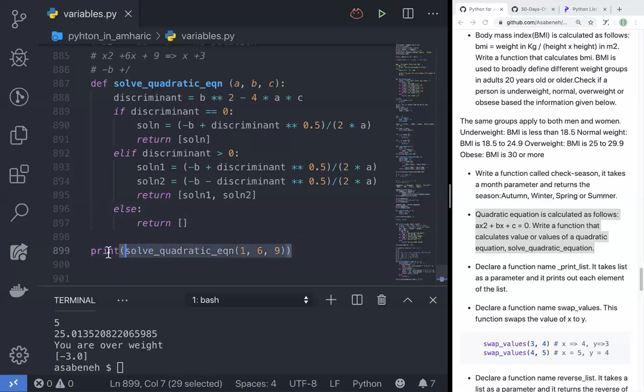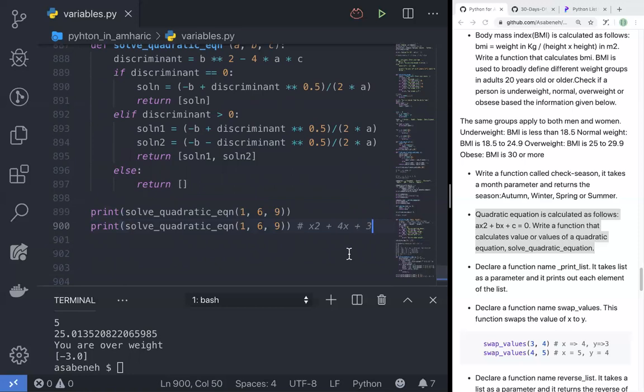Let me also try another one, x squared plus 4x plus 3. The solution set for this one is, I think, -3 and -1. Let me try. Yeah, I think it's working very well. Good. Any doubts?